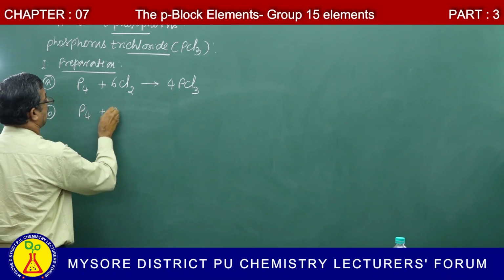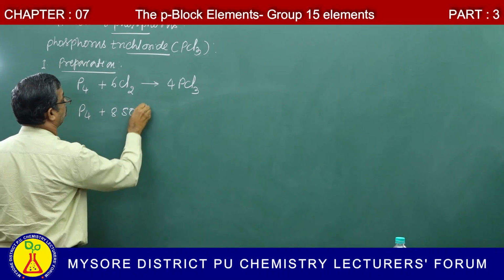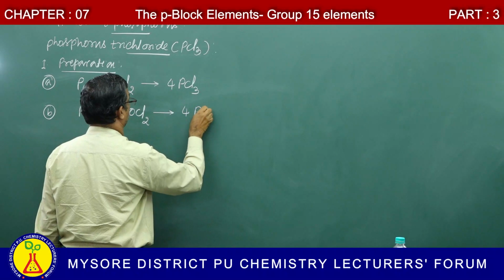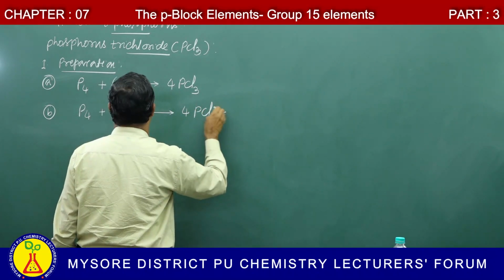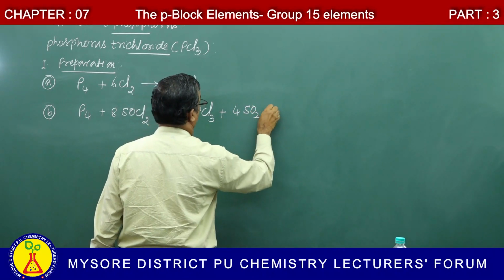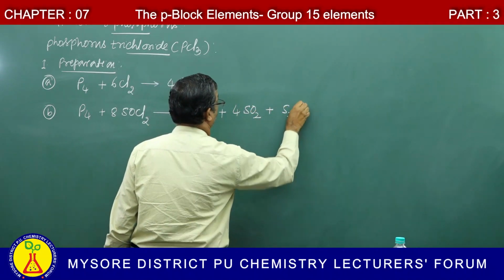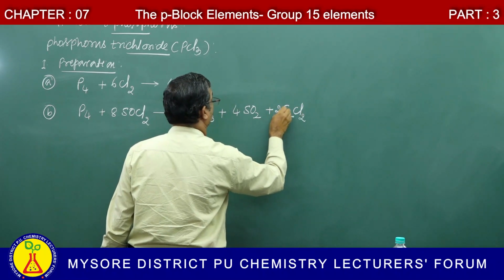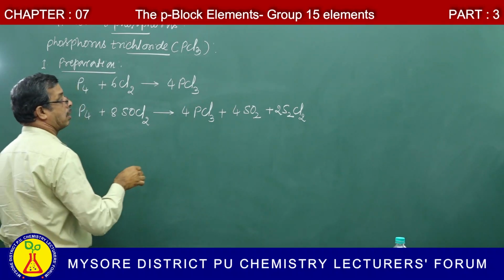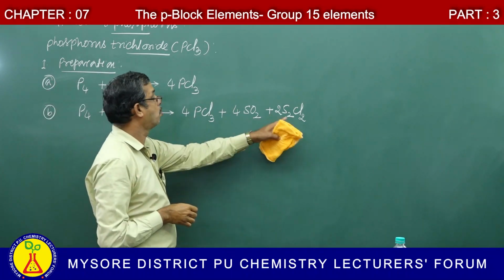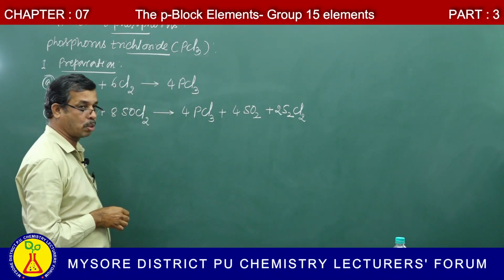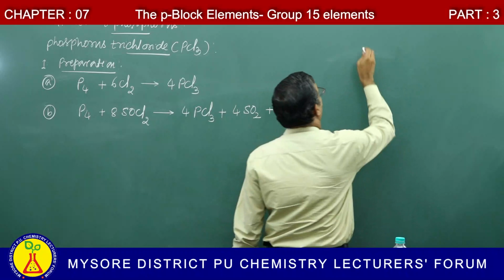P4 plus 8 SOCl2, you get 4 PCl3 plus 4 SO2 plus S2Cl2. So, here this is sulfur monochloride and this is phosphorus trichloride.